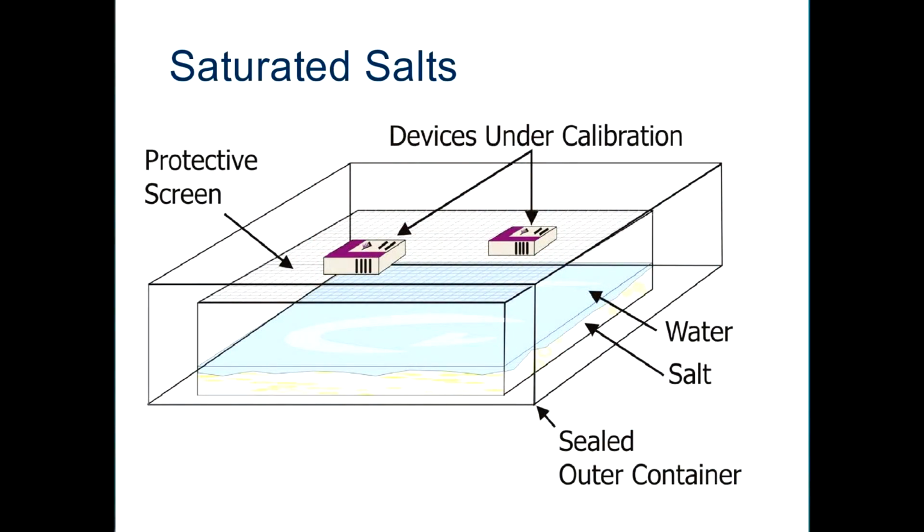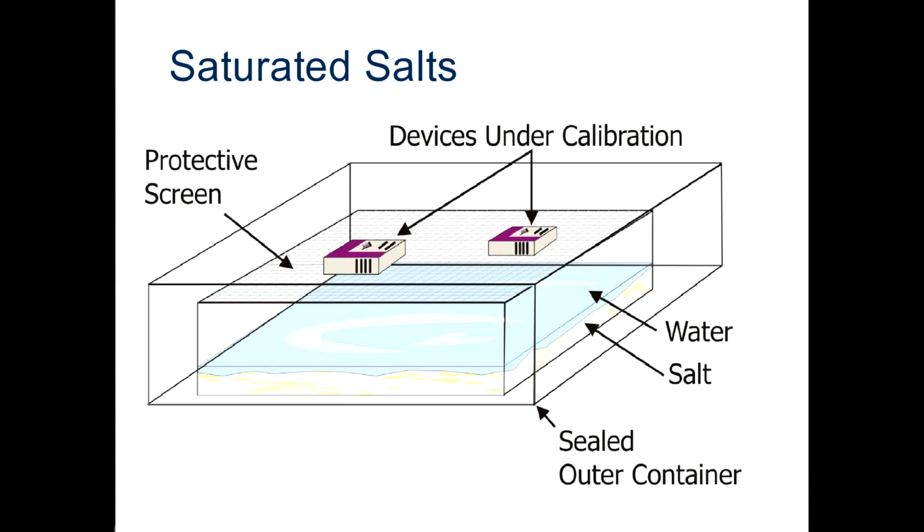Now we can see in this diagram we have saturated salt slurry. Now this is a particular chemical salt that's mixed with water to the point where the water will not accept any more salt. It's saturated, in other words. That's contained within a sealed container, and the devices being calibrated are isolated here from a protective screen.